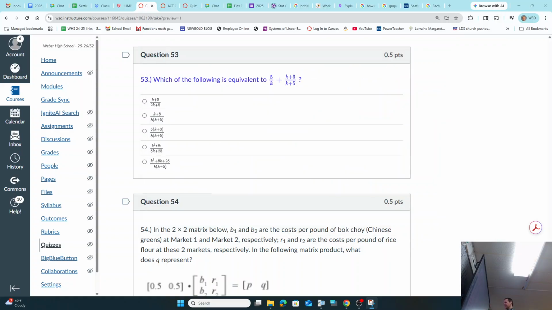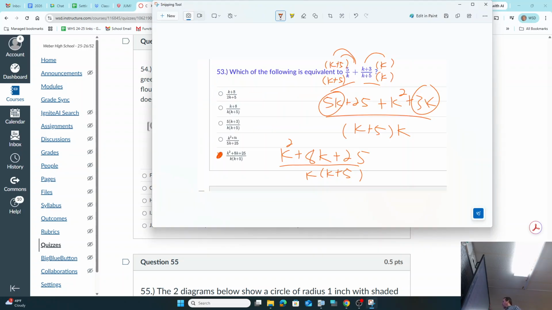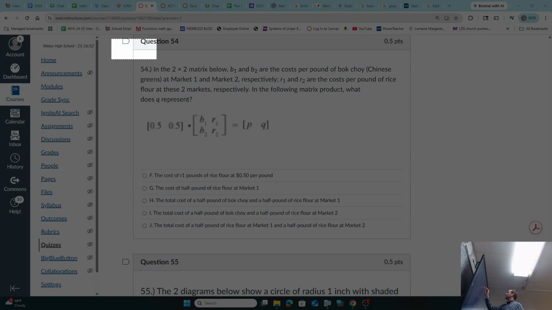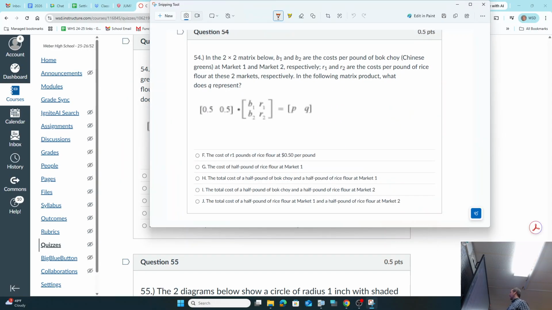Okay, so this is kind of a weird conceptual one. When you do matrices multiplying, this is what happens. When you multiply matrices, it goes this with this one, and then this goes with this one, and this half goes with this one.